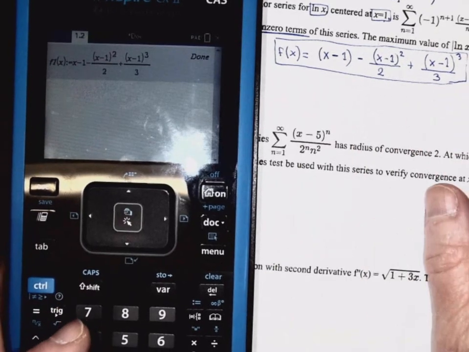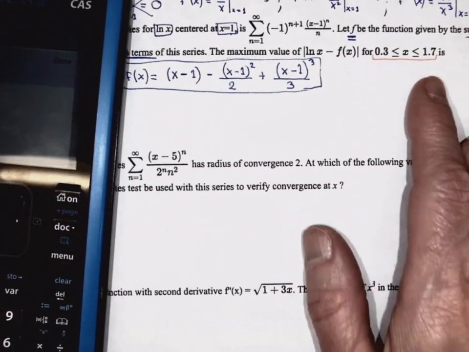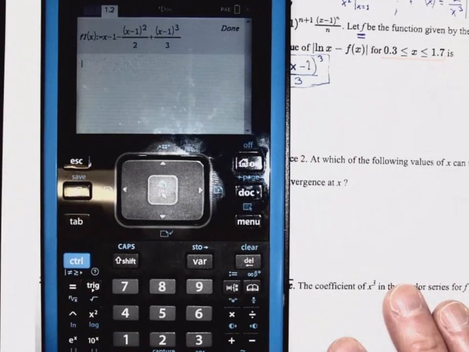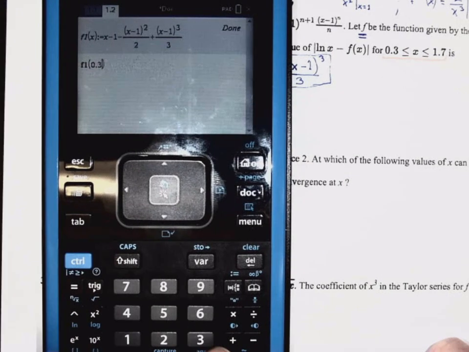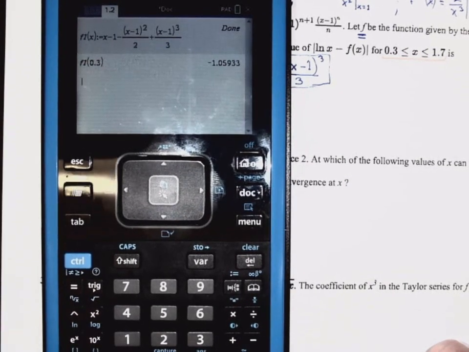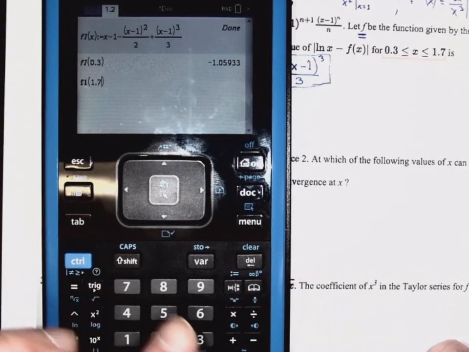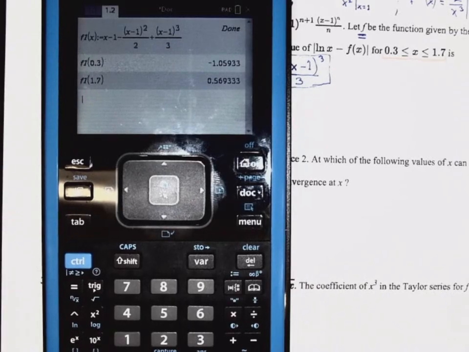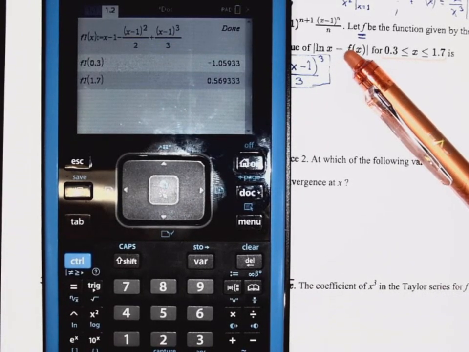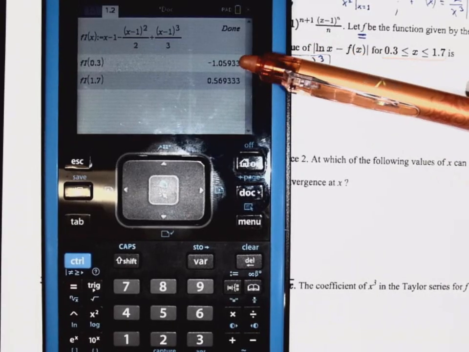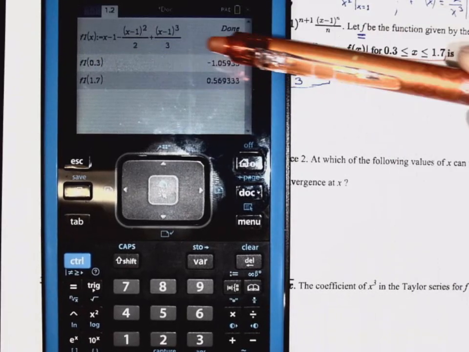I want to evaluate at 0.3 and at 1.7 and see which one gives me the largest value. So I'm going to say f1 of 0.3, and then f1 of 1.7. Because I'm dealing with absolute value, I'm going to look for the largest magnitude, and that will be at x of 0.3.